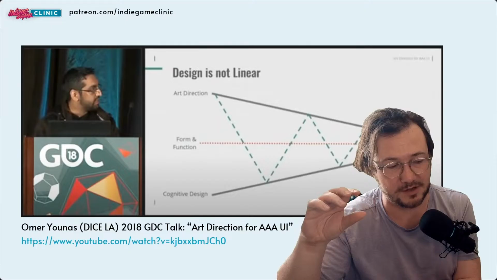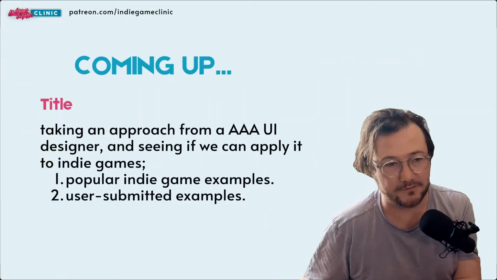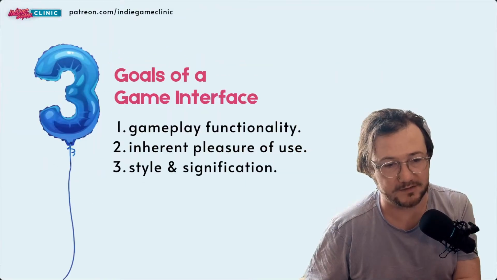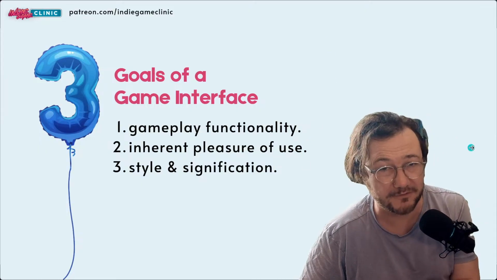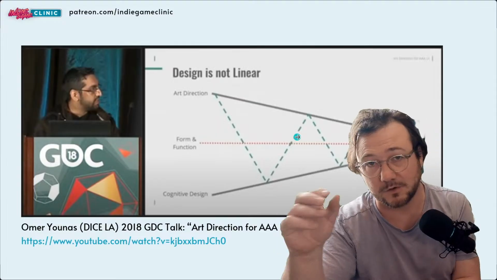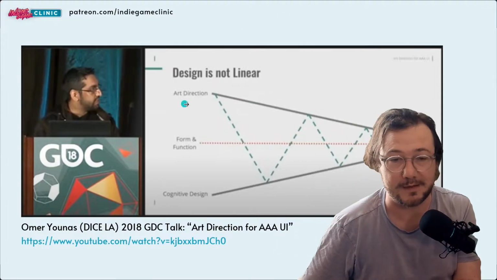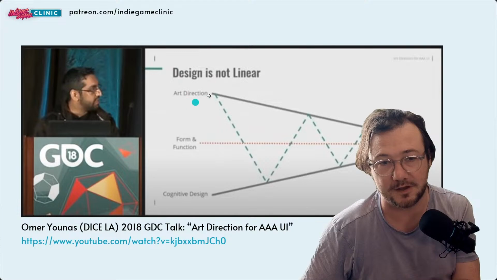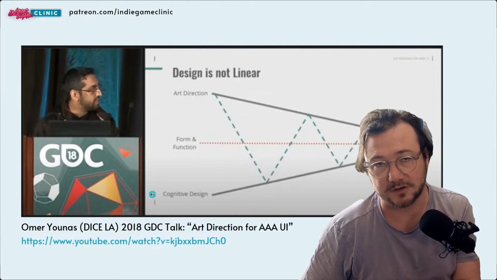And just like the example from this slide earlier, when I said that point 1 and point 3 are going to be fighting each other, in Omar's talk he talks about the same thing happening in big AAA studios with art direction and cognitive design.